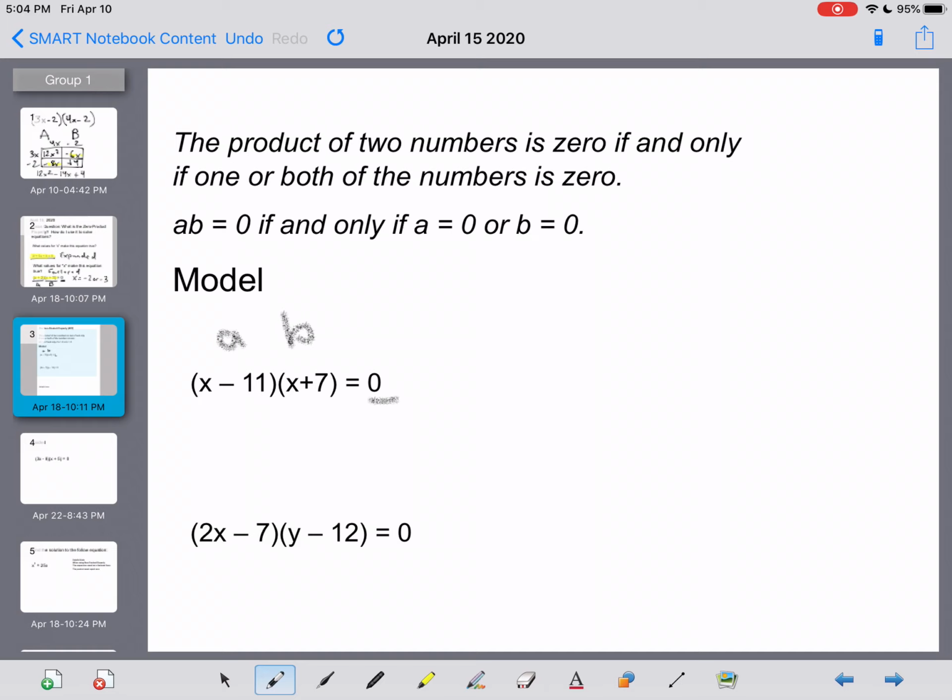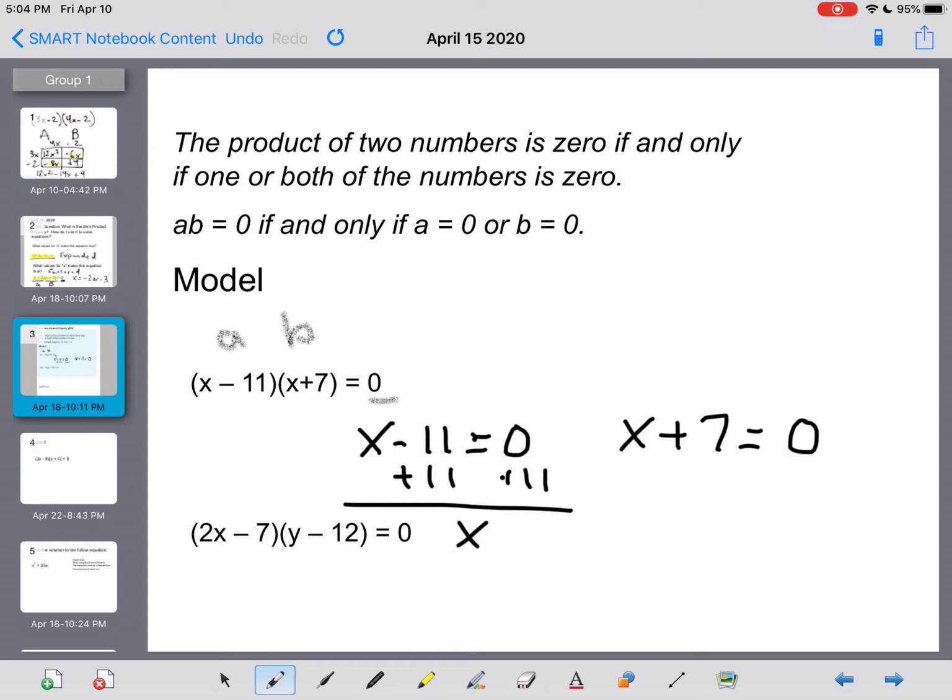I know either x minus 11 equals 0 or x plus 7 equals 0. And if I just quickly solve this, I mean, you could already see it. If I add 11 on both sides, this is x equals 11.